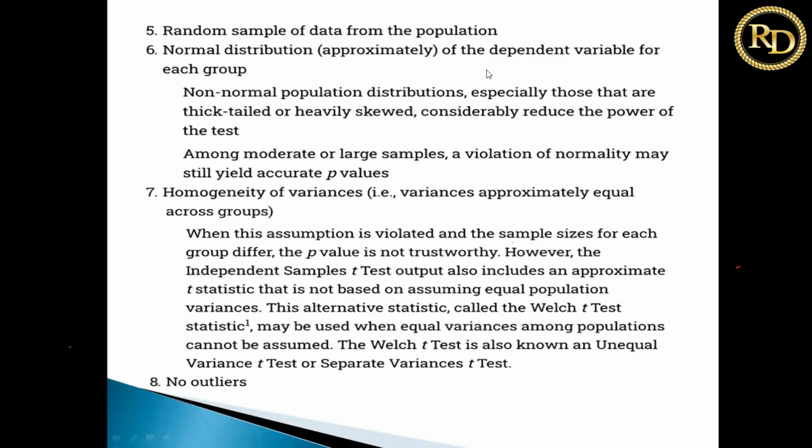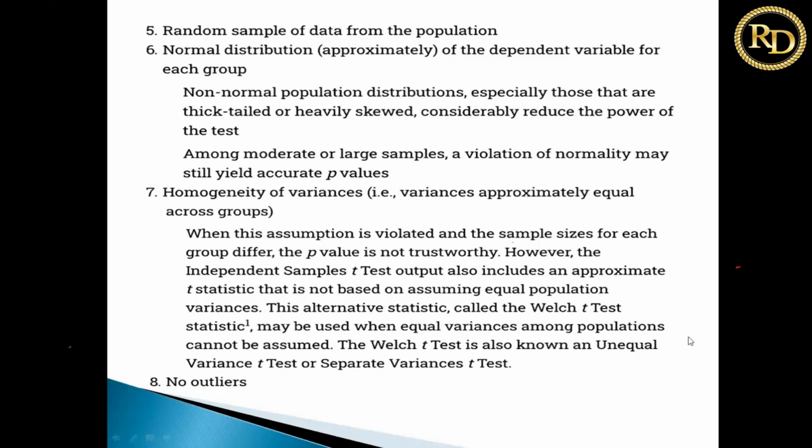And if this assumption that the population variances are the same is not met, then the degrees of freedom are adjusted, and we use the t value with the adjusted degrees of freedom.